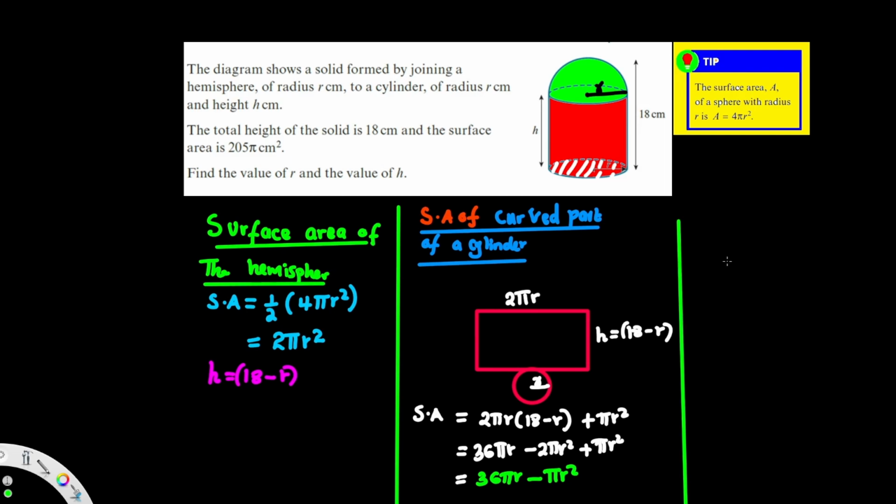So we have the surface area of the bottom, the curved part, and the surface area of the hemisphere. We are going to add them all together to get the total surface area.